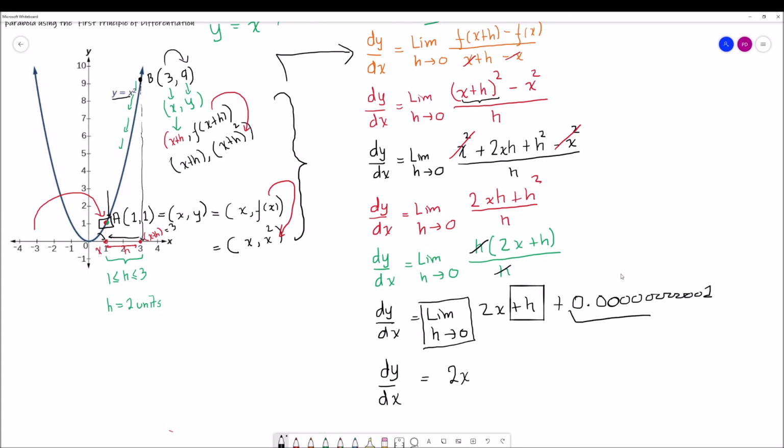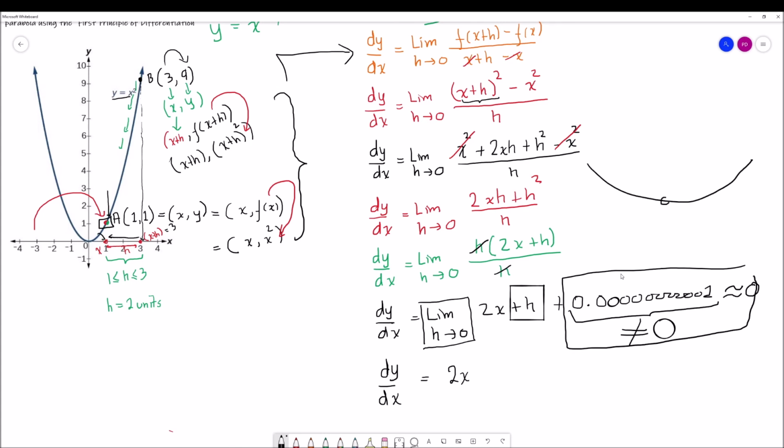I mean, look at this number. It's almost equivalent to 0, but at the same time, it is also not equal to 0. And this is the gap. This is the difference between those 2 points on the curve. And that's how we differentiate and find out the first derivative of any point.